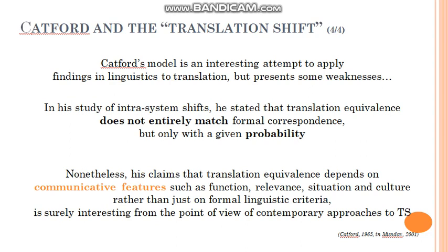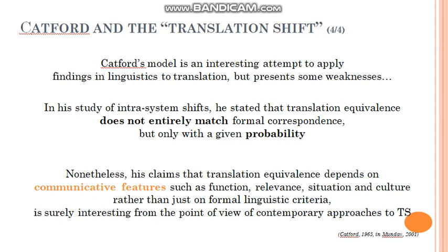In his study of intra-system shift, he stated that translation equivalence does not entirely match formal correspondence, but only with a given probability. Nonetheless, he claims that translation equivalence depends on communicative features such as function, relevance, situation, and culture, rather than just on formal linguistic criteria.